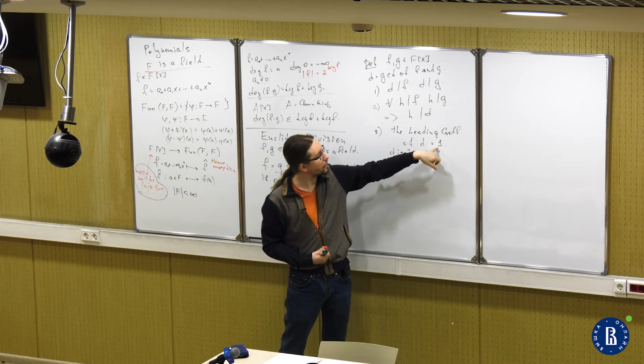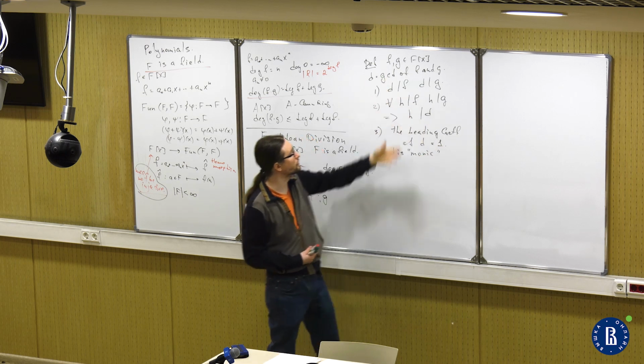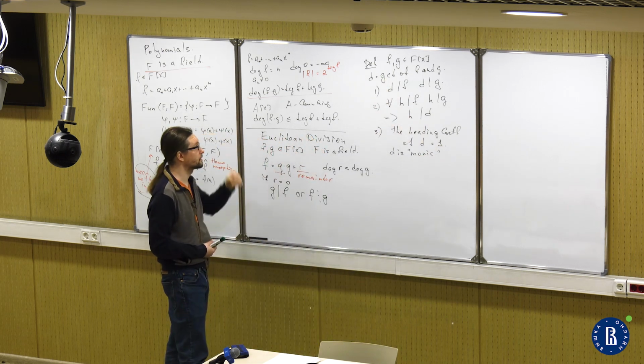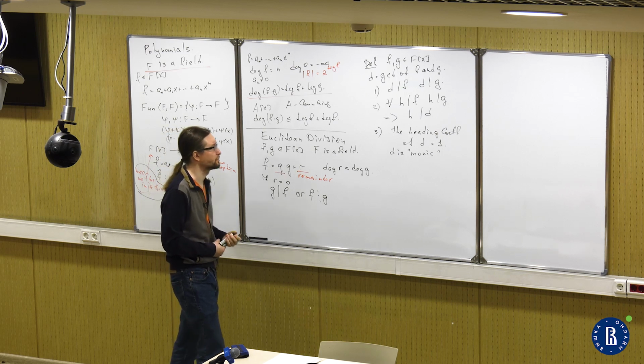So we want to normalize it and have the leading coefficient be 1. So this is the definition of the greatest common divisor. This definition must be unique.